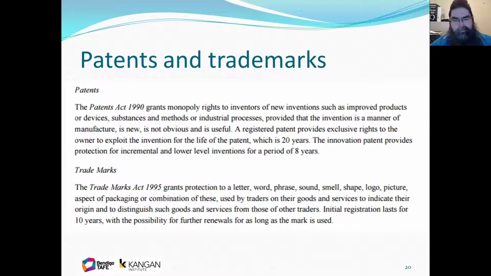So if they want to release it to open, they can apply for a decrease or increase their patent in groups of 8 years. Trademarks, which is words, phrases, shapes, logos, this sort of thing, are granted protection under the Trademarks Act of 1995, and your registration of that logo or whatever it is under the trademark is for 10 years with renewals possible.